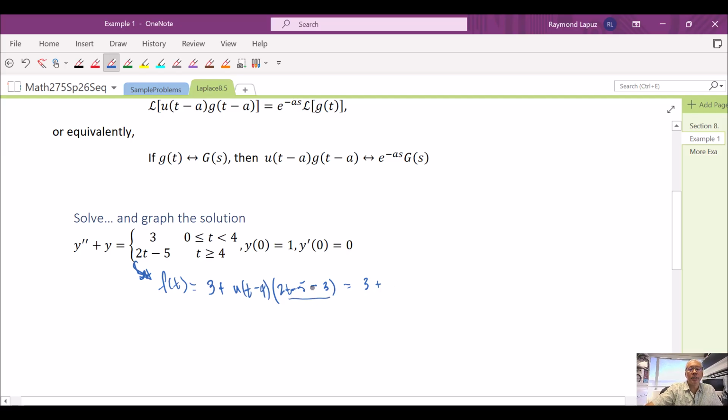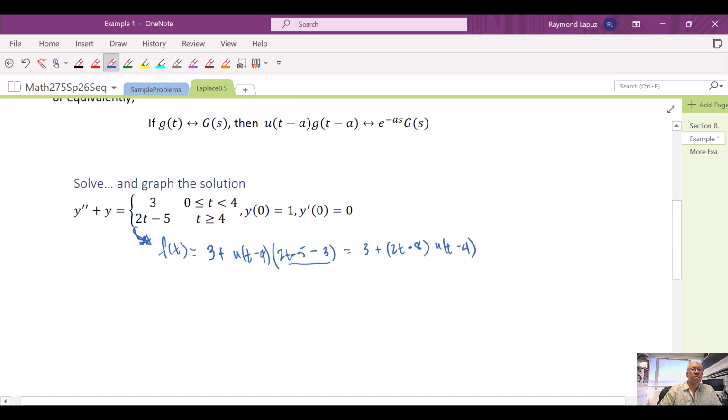It's 2t minus 5 minus 3, which is 2t minus 8. And then you have your shift u of t minus 4. Okay. All right, so we will do the Laplace transform to get to the Laplace world.